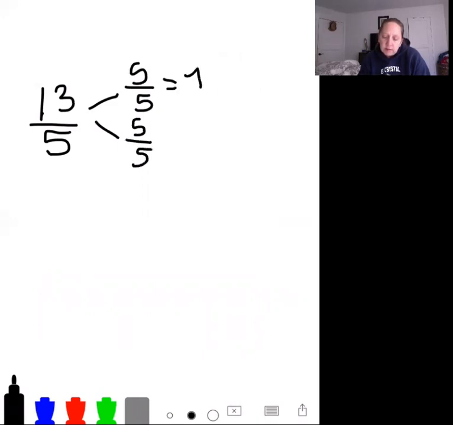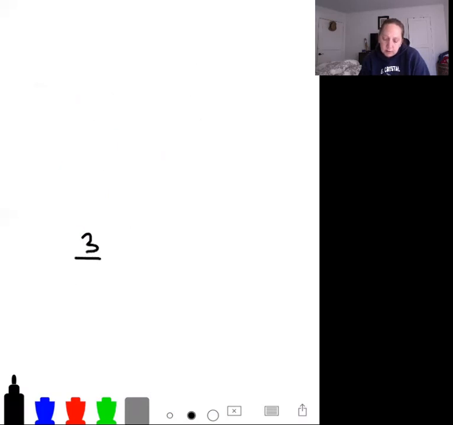So we have 5 fifths is a whole, 5 fifths is a whole, 5 fifths plus 5 fifths is 10 fifths. You're still going to have 3 fifths left over. So I know it equals a whole of 2 and 3 fifths. A whole of 2 and 3 fifths is what is equal to 13 fifths.